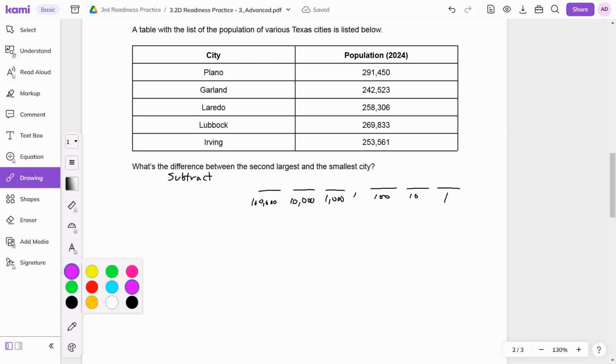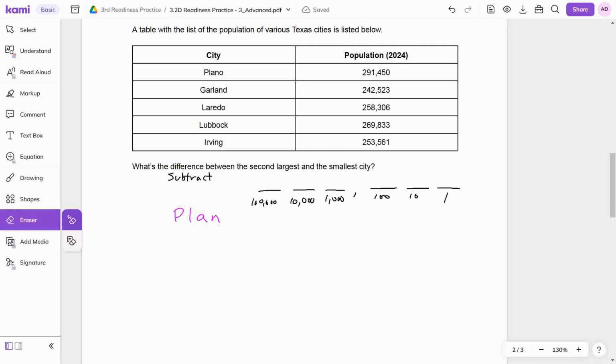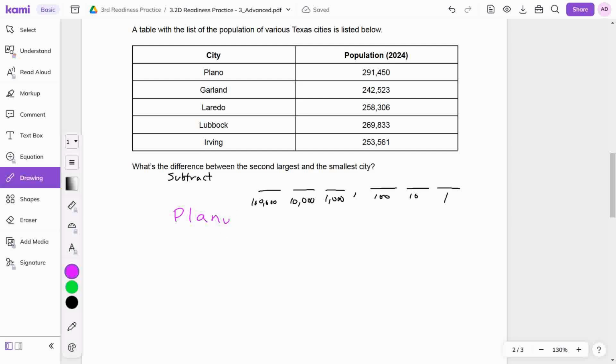So let's just do each of these in a different color. So we're going to start with Plano, simply because it's the top, not because it's the largest. All right, so Plano has 291,450.